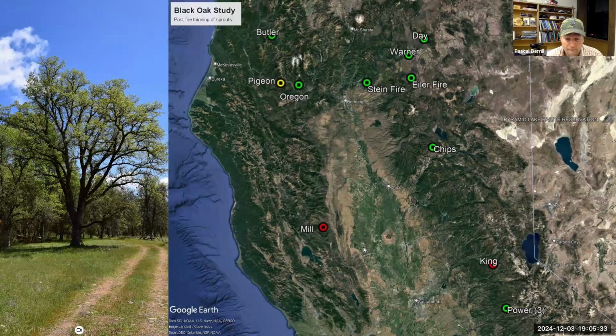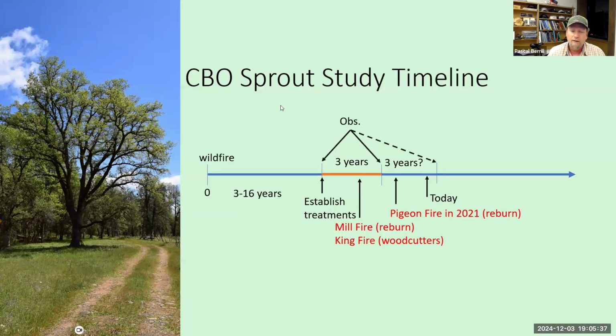Looking now at the 13 different fires, they burned in different years, and so this is a way that I'll try to explain the timeline of our study. We have the wildfire here at time 0, and then some time elapses. It could be 3 years before we did our thinning treatments.